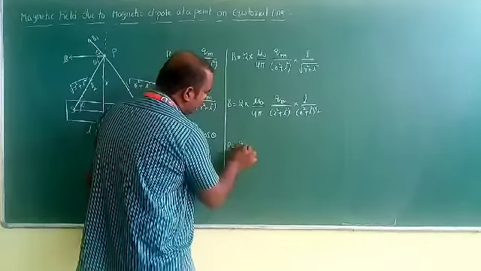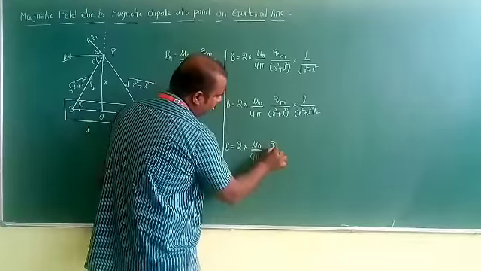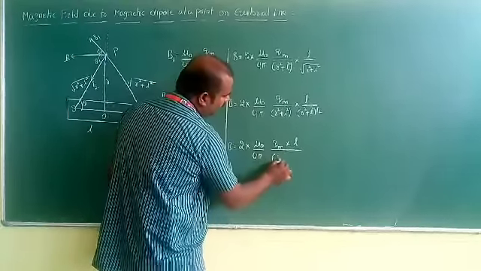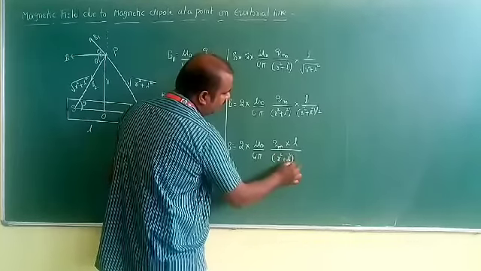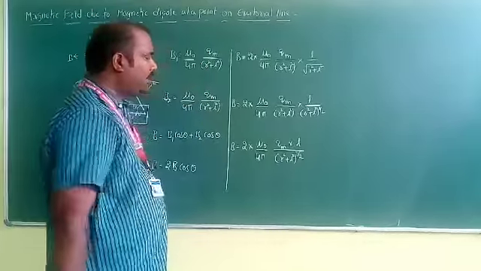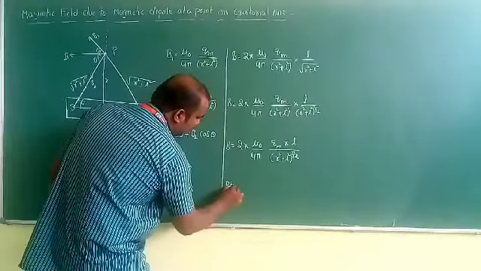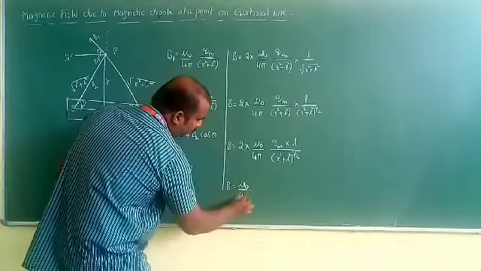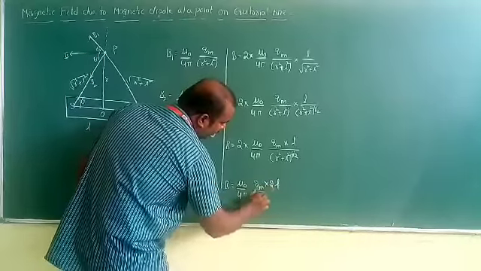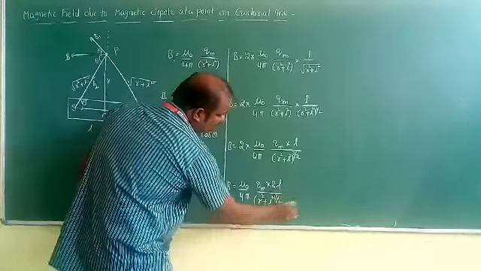Then B is equal to 2 into mu naught by 4 pi into qm into L by r square plus l square whole power 3 by 2. Now if I write the equation, you get B is equal to mu naught by 4 pi into qm into 2L by r square plus l square whole power 3 by 2.